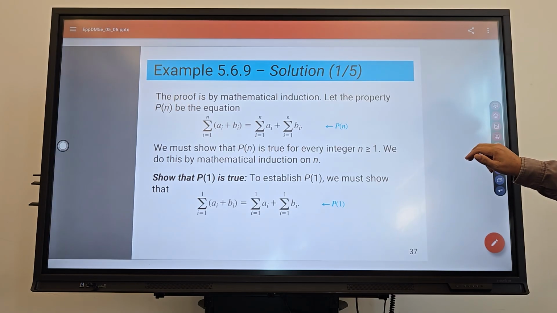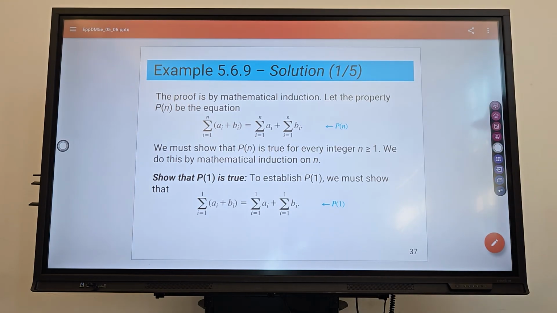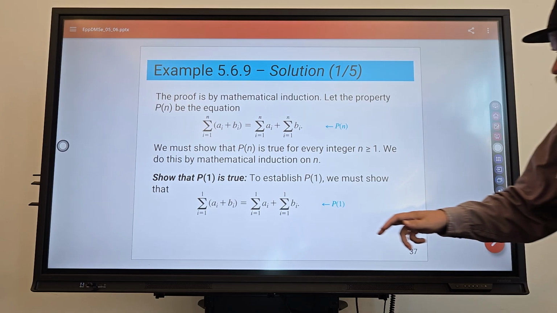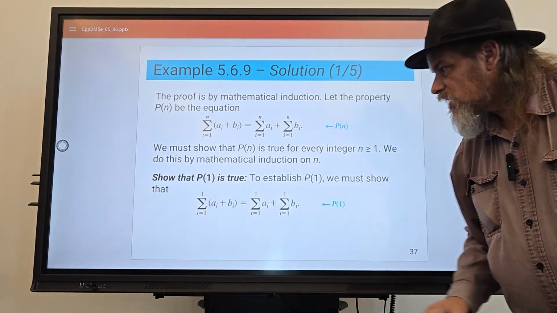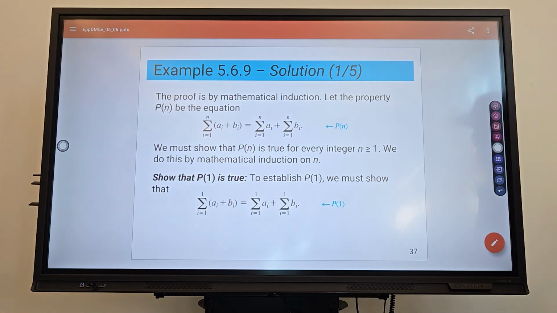The summation from i equals 1 to 1 of a_i plus b_i equals the summation of a_i and the summation of b_i.